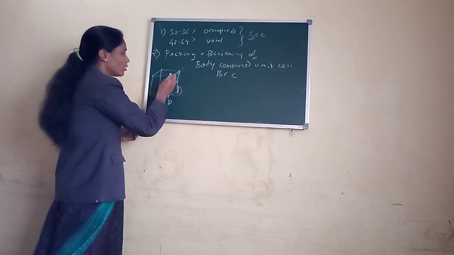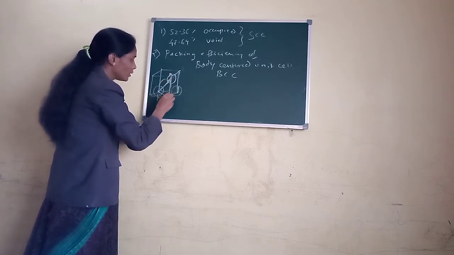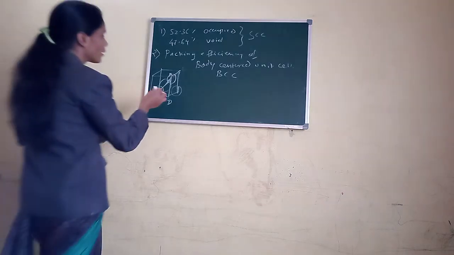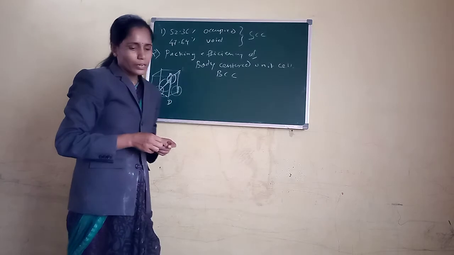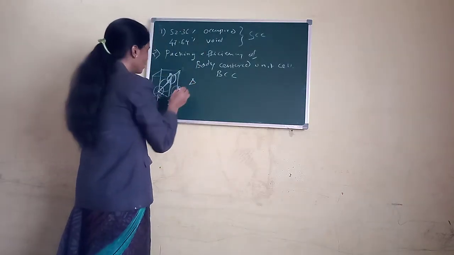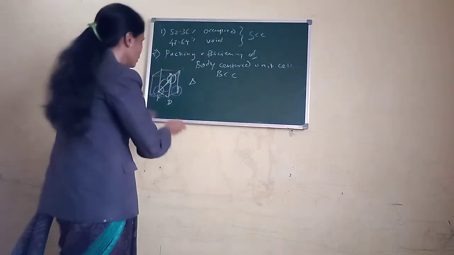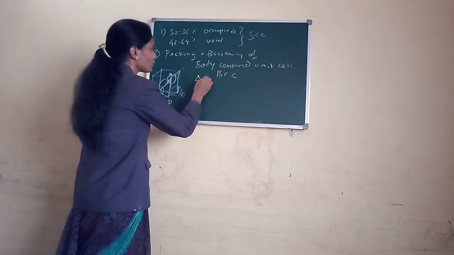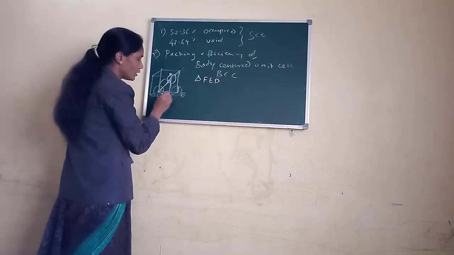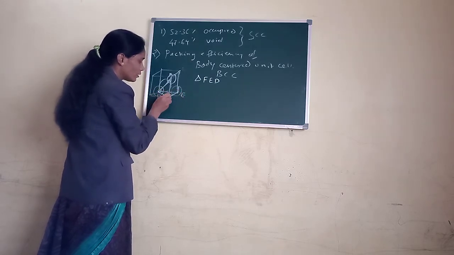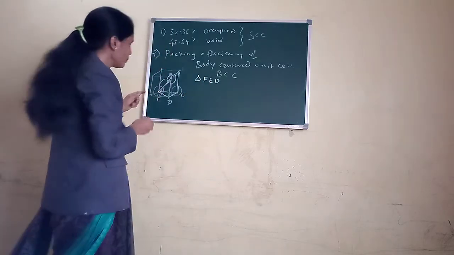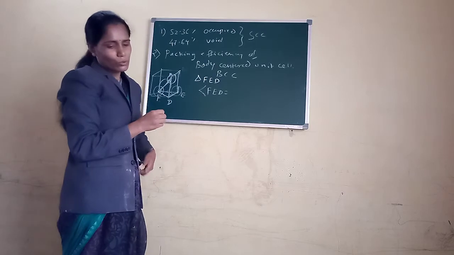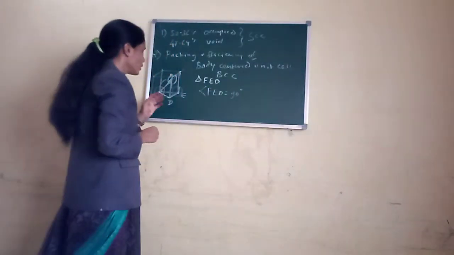Therefore, in triangle AFD, firstly we see in triangle FED, F, E and D. According to Pythagoras theorem, angle FED is equal to 90 degrees.